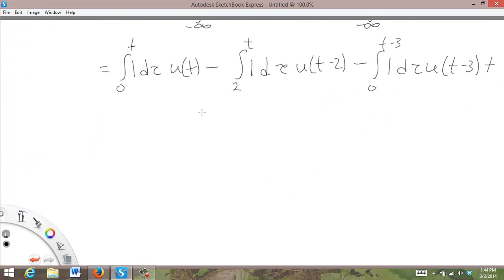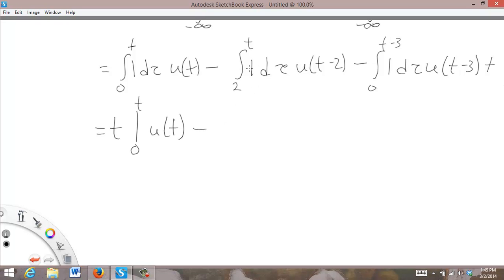Alright, now, the first integral of 1 is just t, evaluated at its limits 0 to t, u of t. The second integral, again, is just t, different limits though. This one goes from 2 to t, u of t minus 2.